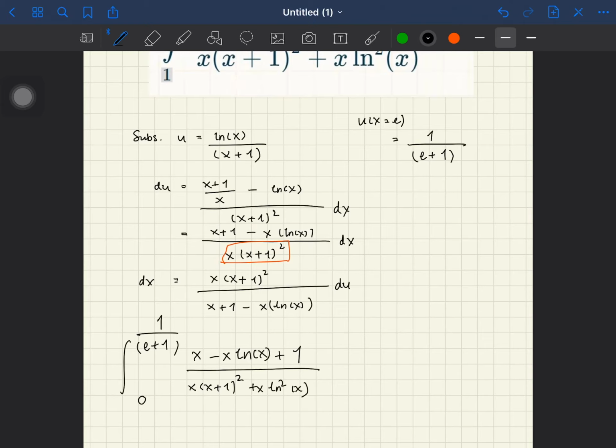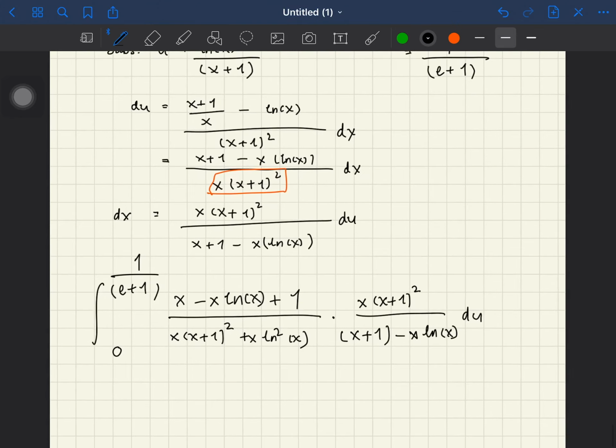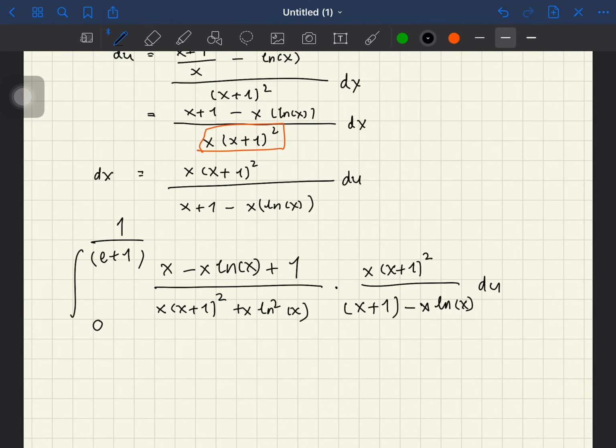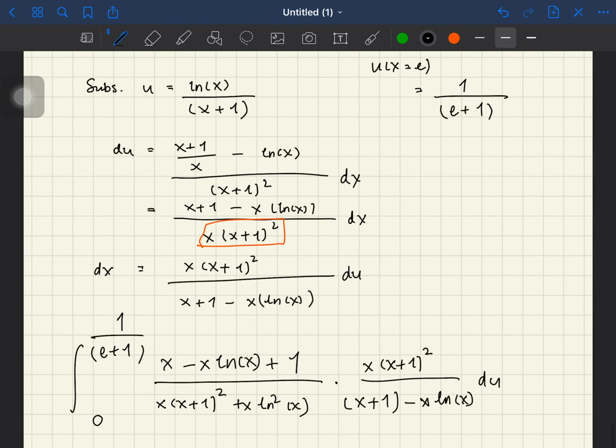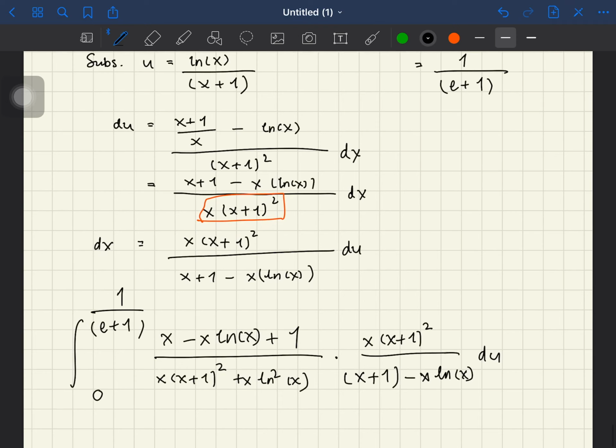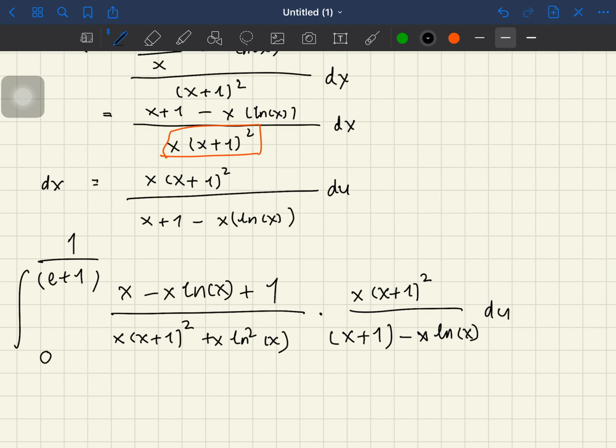And then you will have a du here, so everything is in terms of du. It comes very trivially though. Du here is a very monstrous expression, but as you can see, we are able to cancel this expression.